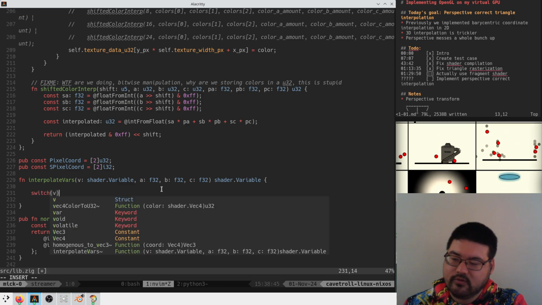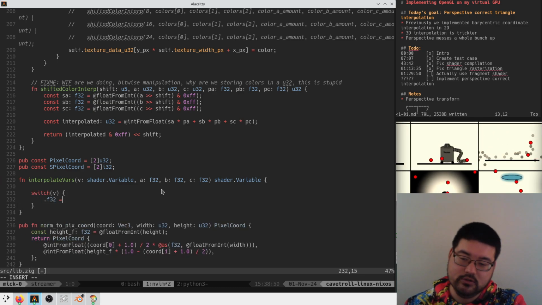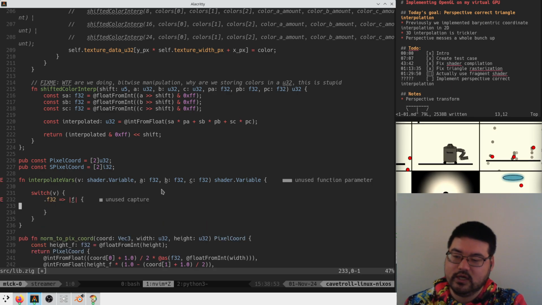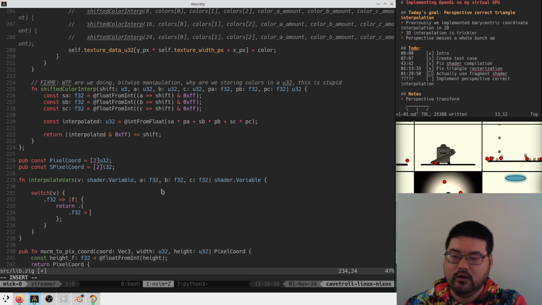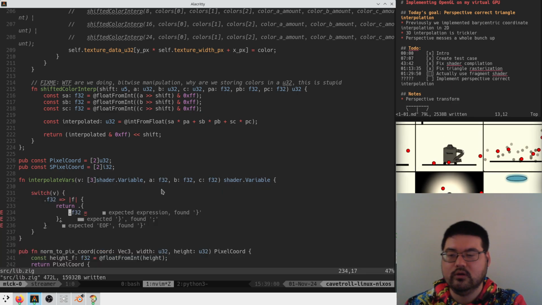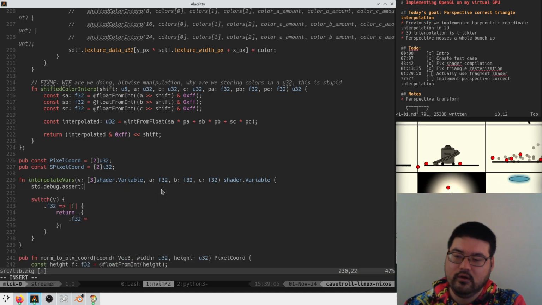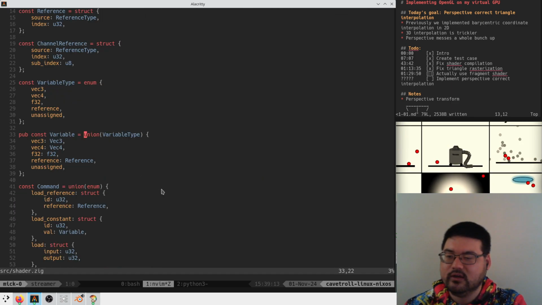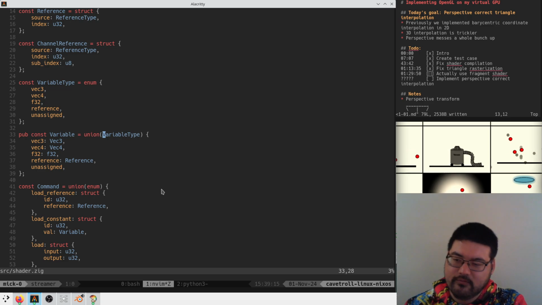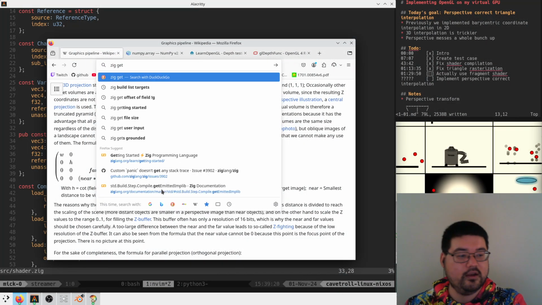Now, here we have to take into account which type this is. So if it's an F32, we just return another F32, right? And this does have to take in three things. So I guess here we'll assert that v0 dot tag... Can you extract the enum value from a union in this language? Zig get tag of union.